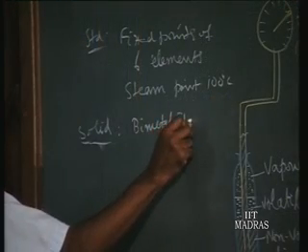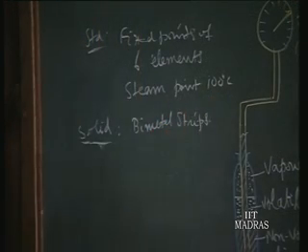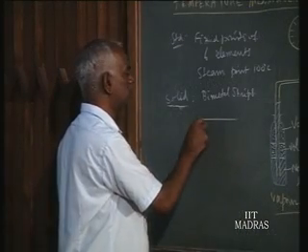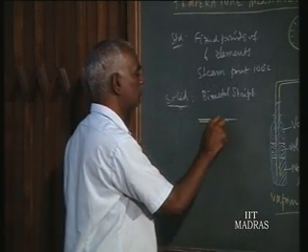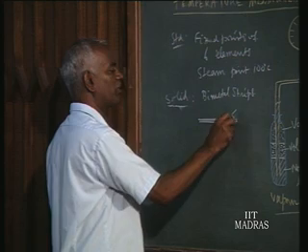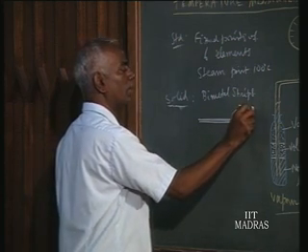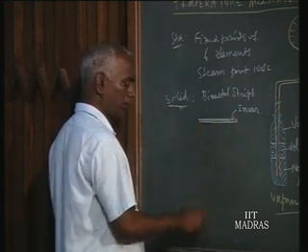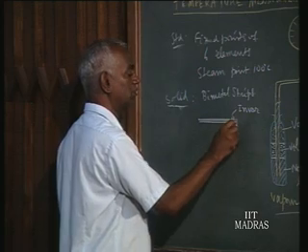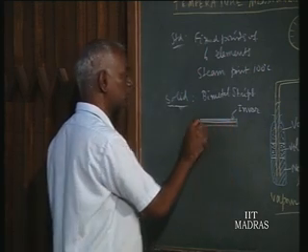Bimetal strips are often still used in many refrigerators, where you find two flat strips. One is made up of invar, the other is made up of say copper or brass.